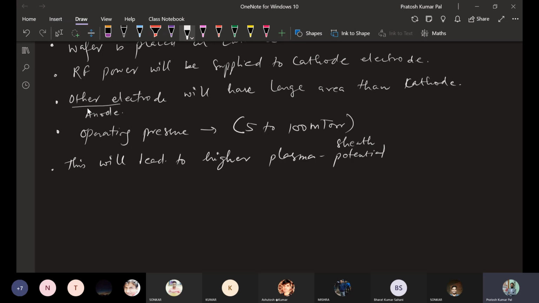So here the plasma potential will be higher, and the voltage will be in the range of 20 to 500 volt in this case. Okay, it implies that if it has higher plasma sheath potential, that means higher ion bombardment energy will be there.